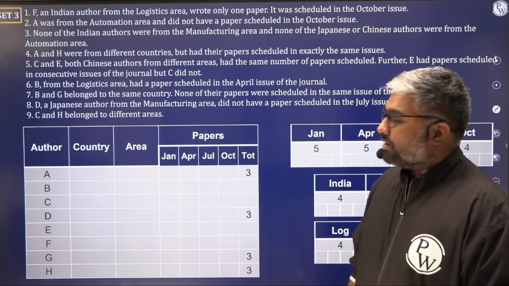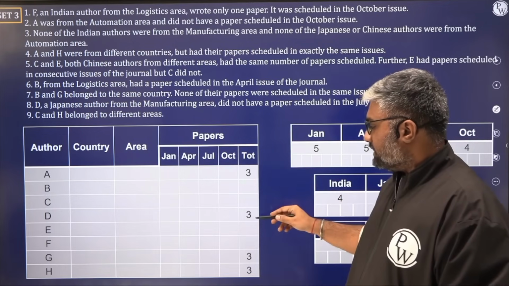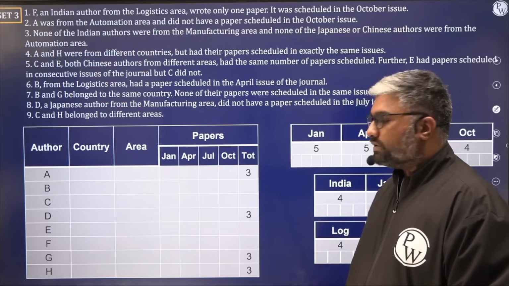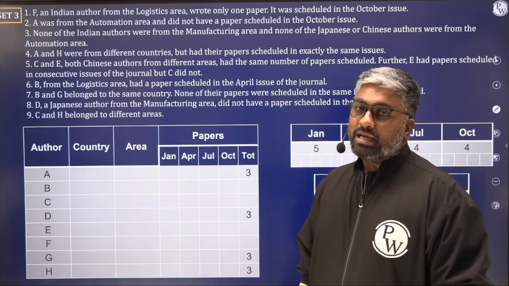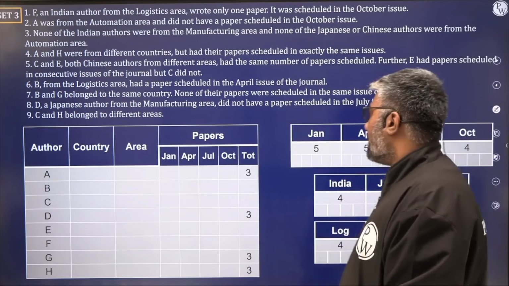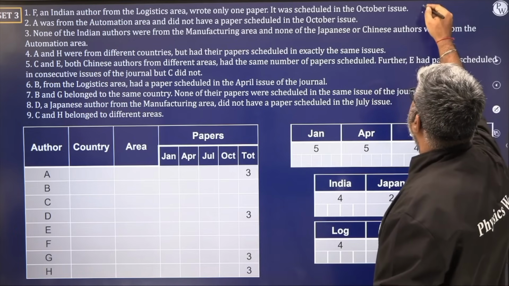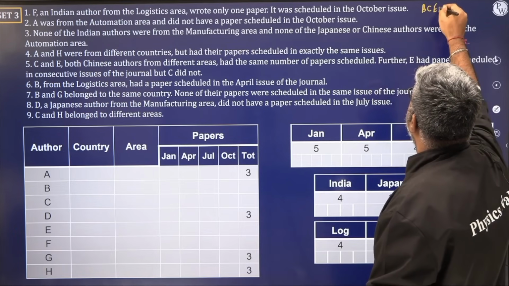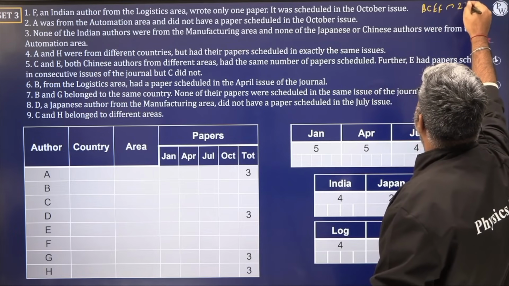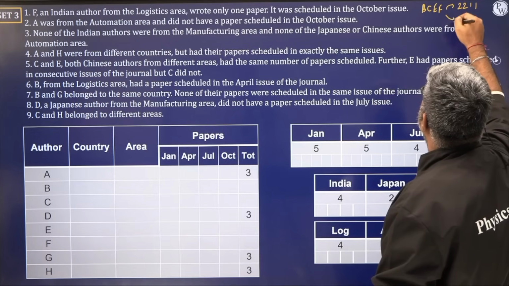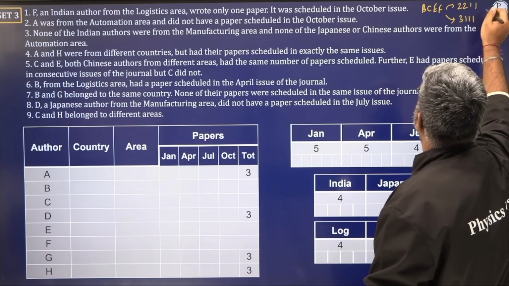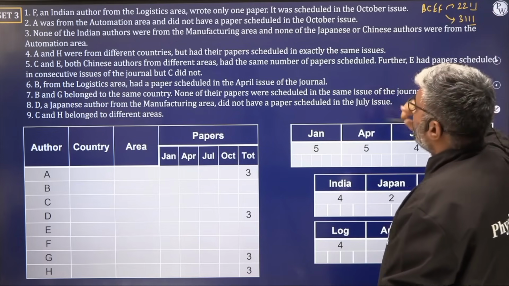Right now we know that A, D, G, and H will do 3, 3 each. Among B, C, E, and F, two of them will be 1 and 1. I'll write it here. B, C, E, F could either be 2, 2, 1, 1 or could be 3, 1, 1, 1. So two of them will definitely have just 1 and 1.